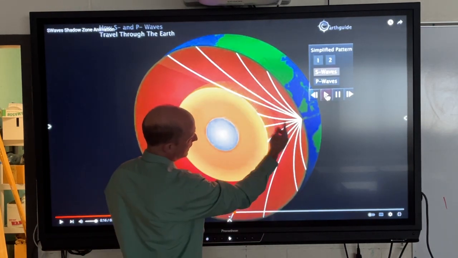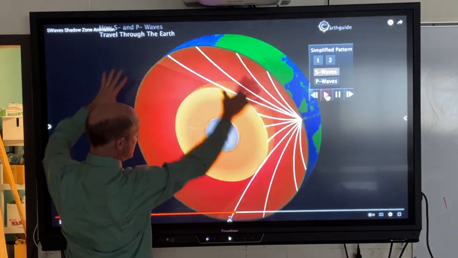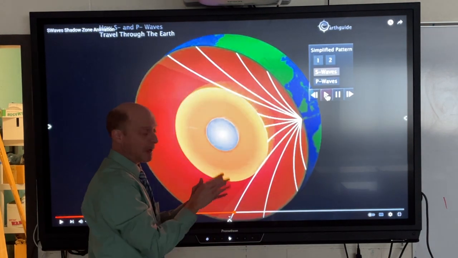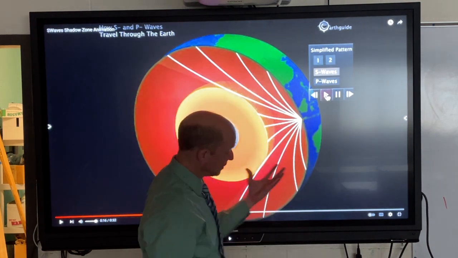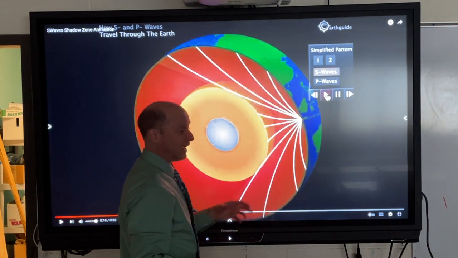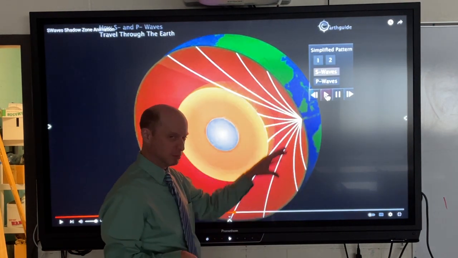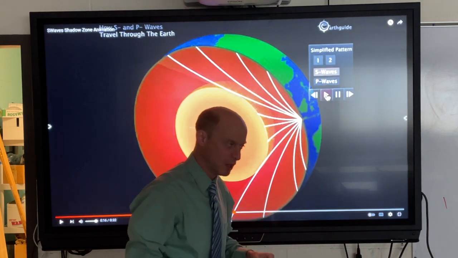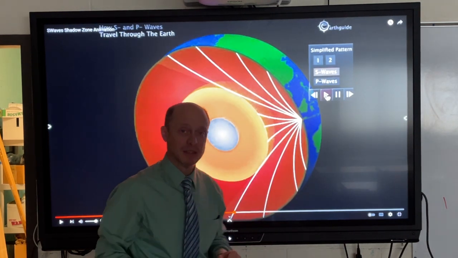If you do this math backwards, we just see this on the surface. We figure this out backwards to say, well, there's something here that's stopping the S waves, and we can determine that's the outer core. That's how we know the outer core is liquid, because by the nature of how S waves move, S waves do not travel through any sort of liquid rock. So that's the S wave shadow zone.